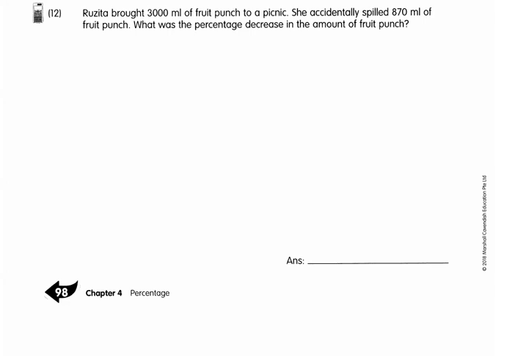What was the percentage decrease in the amount of fruit punch? Of course, we know what the decrease is right now. The decrease is actually 870 over the original. What's the original amount, Ryan? 3,000. Okay, you need to multiply by 100%. Equals how much, Lauren?